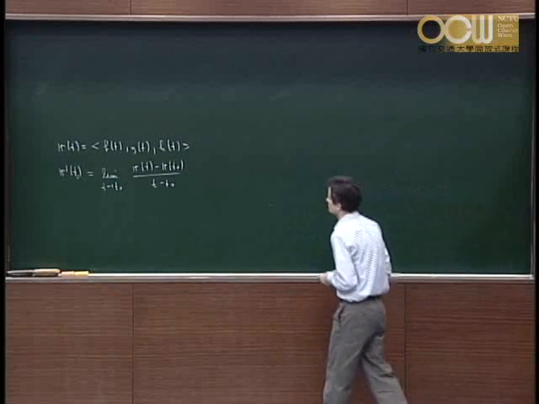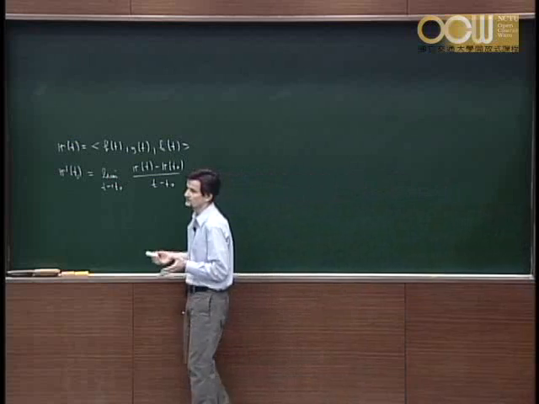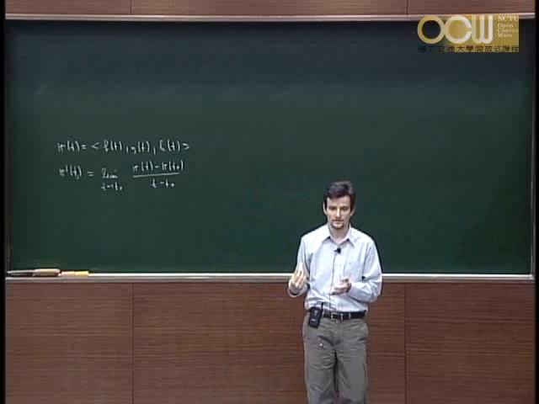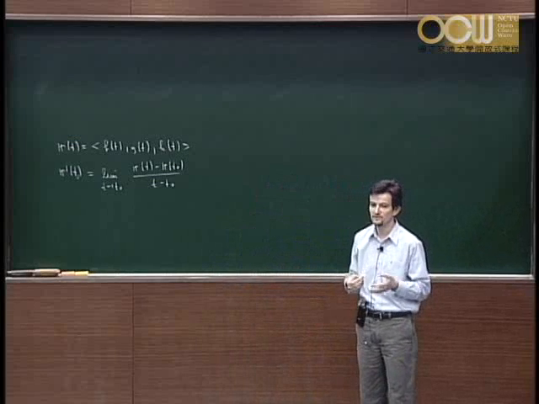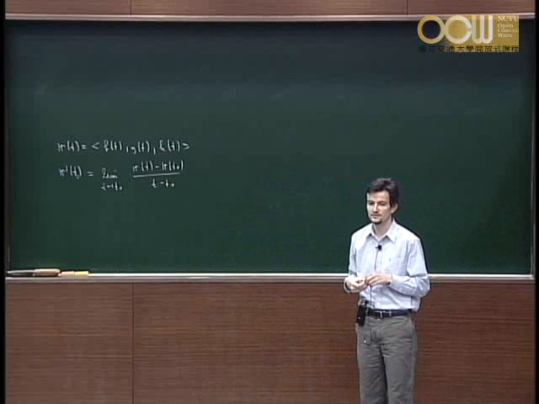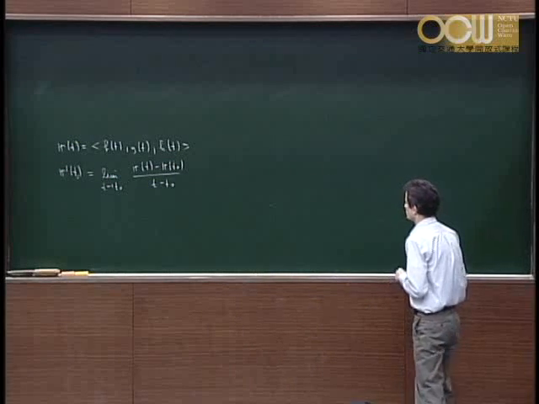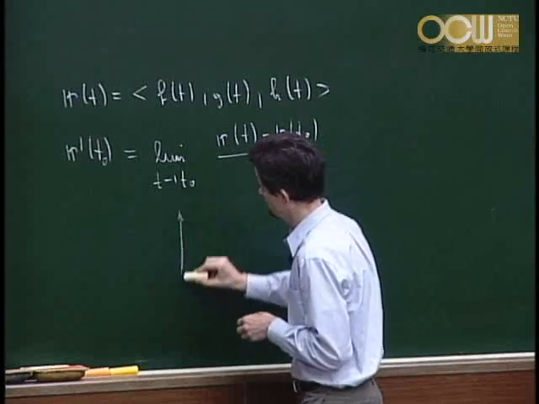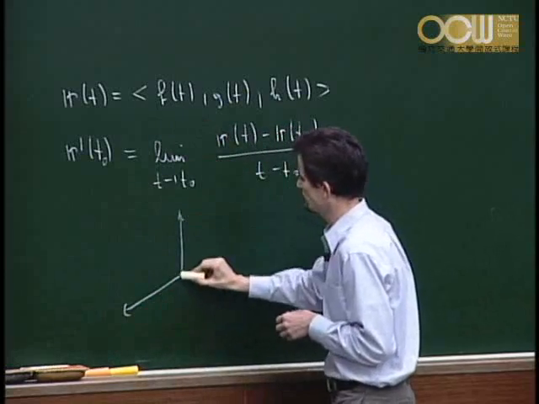Namely, last semester we defined the derivative because we used the derivative to define the tangent. Okay, so if we have defined the derivative, we can define what we mean by a tangent. And the same here. So here you have a space curve corresponding to this vector function.